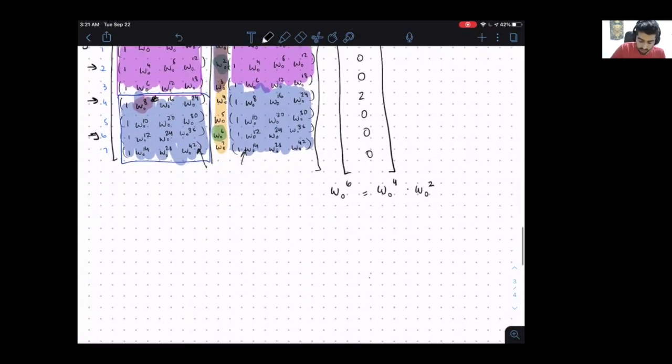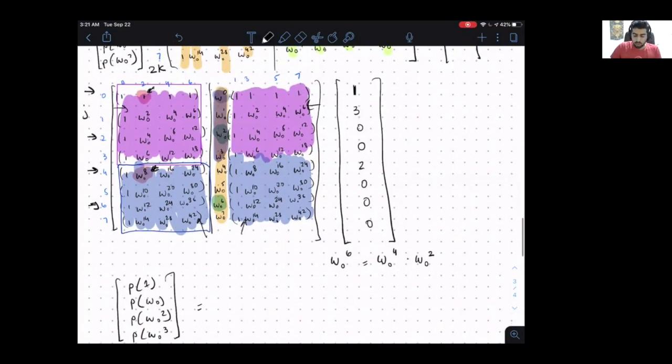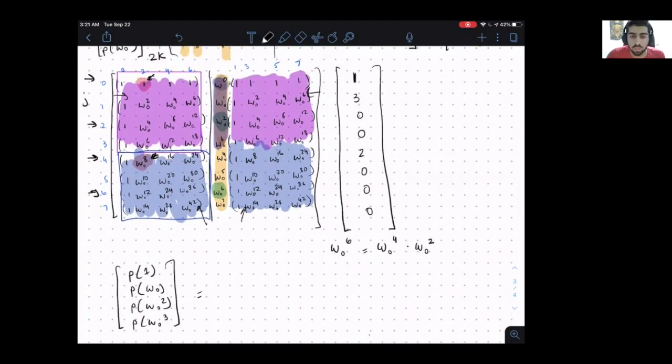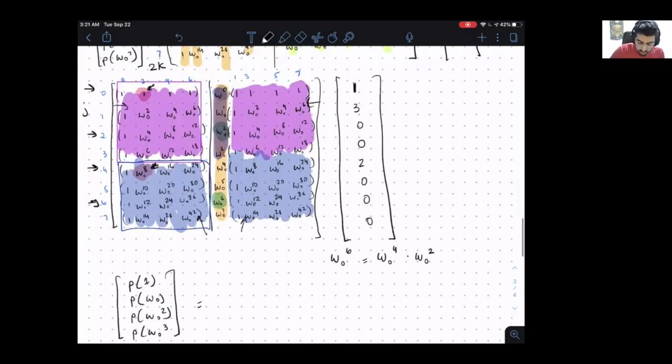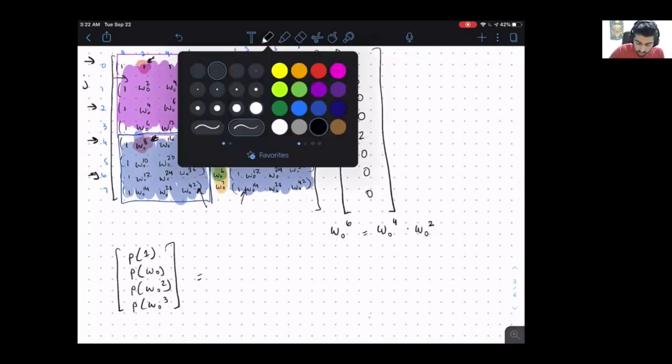So in particular, let's say we just want to compute for now p of 1, p of omega naught, p of omega naught squared, p of omega naught cubed. What is this going to be? Well, we know that this is going to be this matrix over here, our convenient purple matrix, that's the building block of this entire matrix representation.